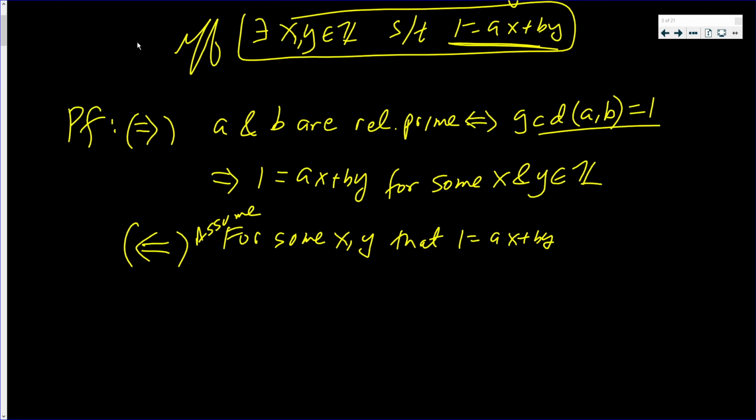Now, the GCD is always in the form of ax plus by.